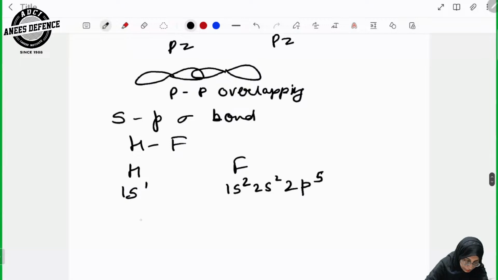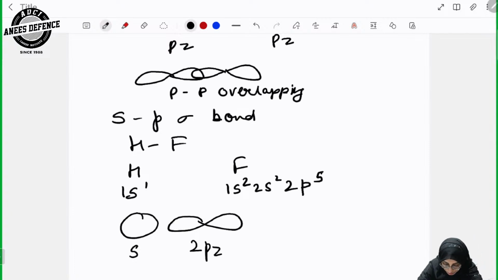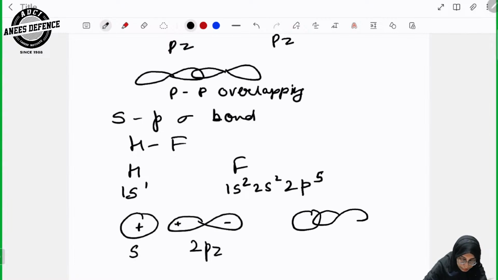This is the s orbital of hydrogen, and this is the 2pz orbital of fluorine. They overlap between these two and it will become like this: sp sigma bond.